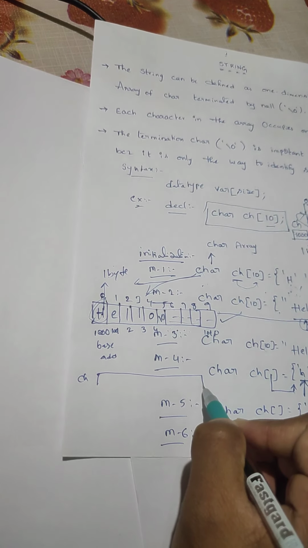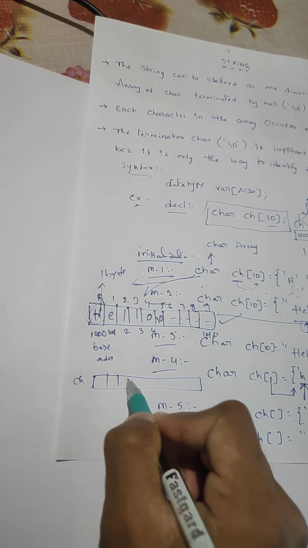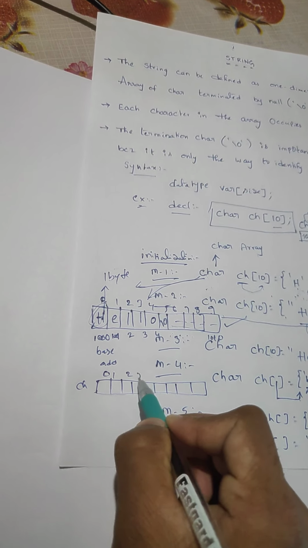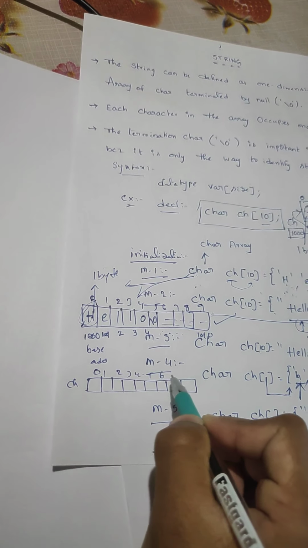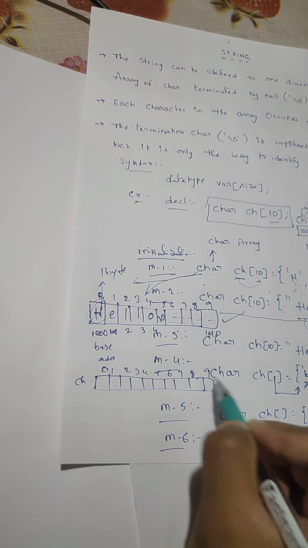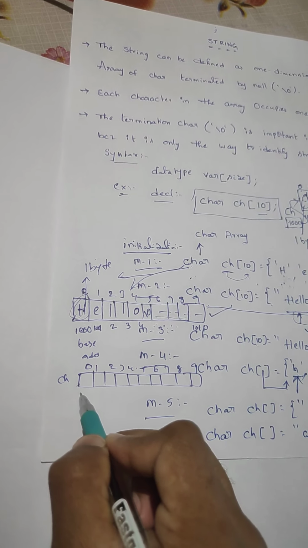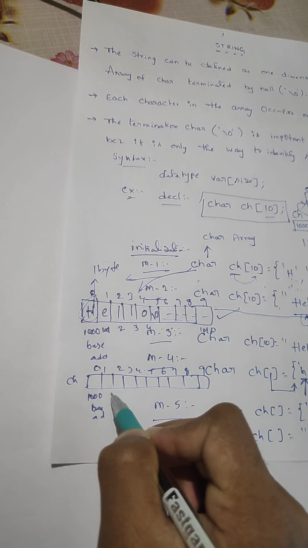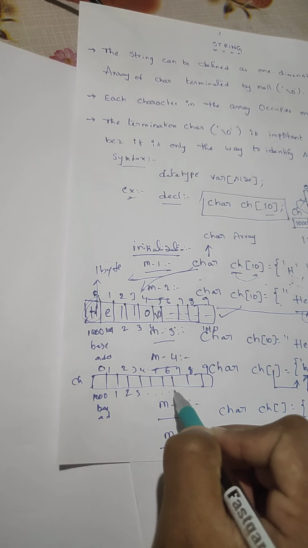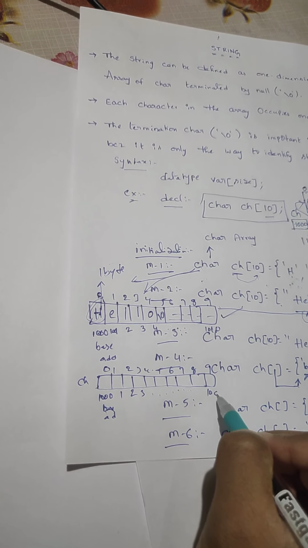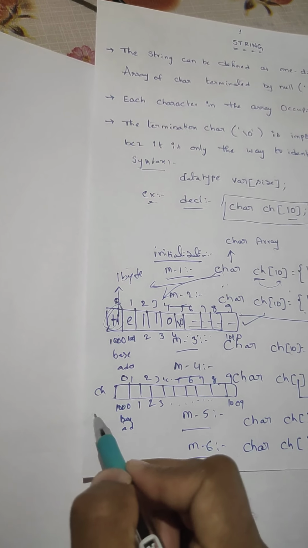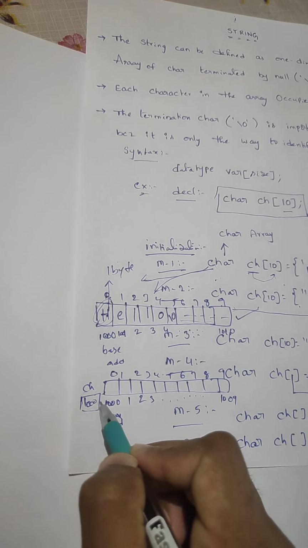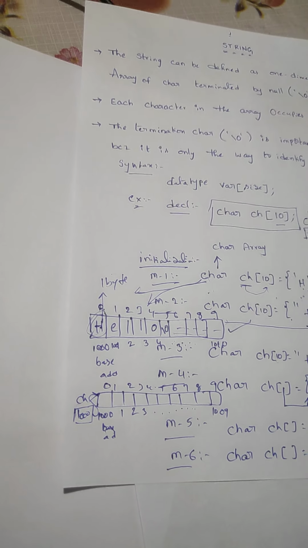The total size of ch is 10, with indexes 0, 1, 2, 3, 4, 5, 6, 7, 8 and 9. The first address is 1000, which is called the base address, then 1001, 1002, 1003 and so on up to 1009. The ch variable holds the base address of the 0th index, that is 1000, pointing to the 0th index.